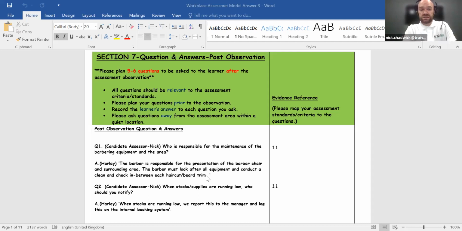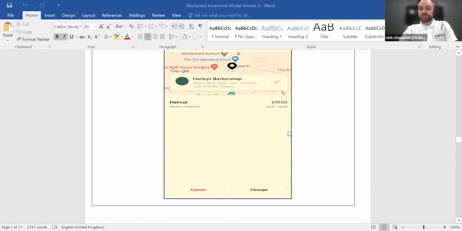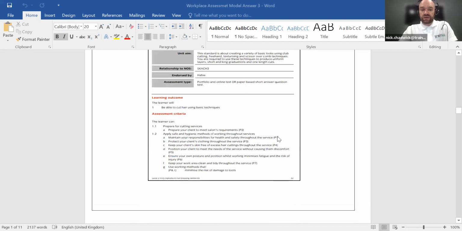The barber must look after all equipment and conduct a clean and check in between each haircut and beard trim. So as we can see, the actual questions are mapped all the way back to my standards and criteria here. So 1.1 is prepare for cutting services. So hopefully that is nice and clear.